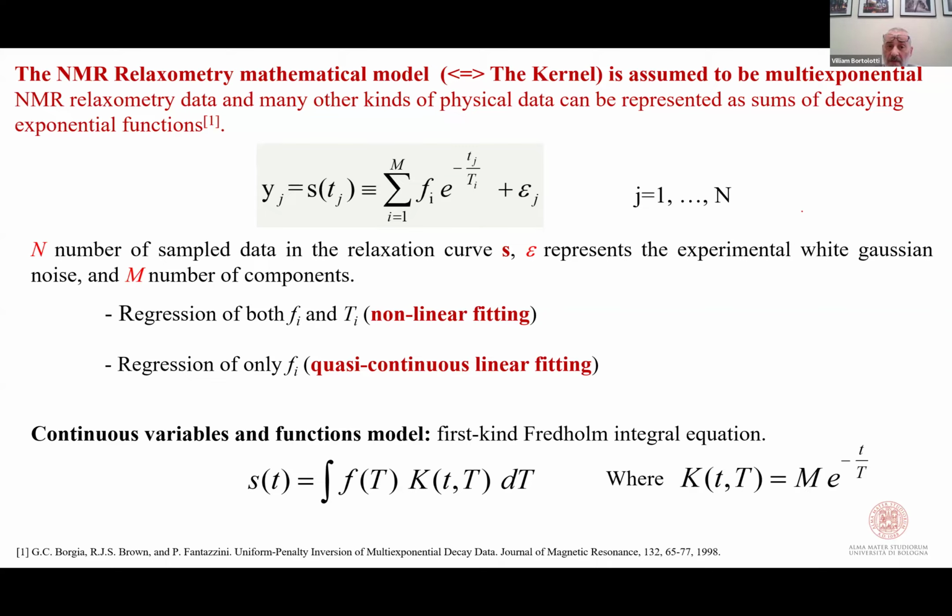So, comparing good experimental data with the model, the algorithm, Open in particular, tries to obtain a value for F1, the amplitude, and Ti, so T1 or T2 depending on the kind of experiment: CPMG in general for T2, or inversion recovery or saturation recovery for T1.